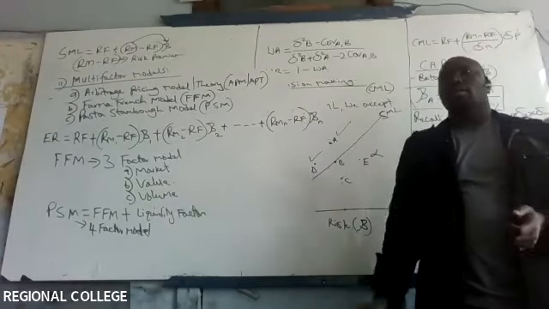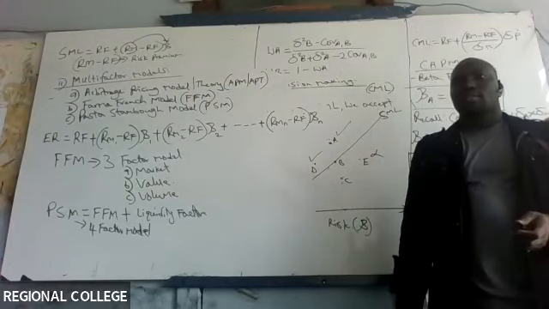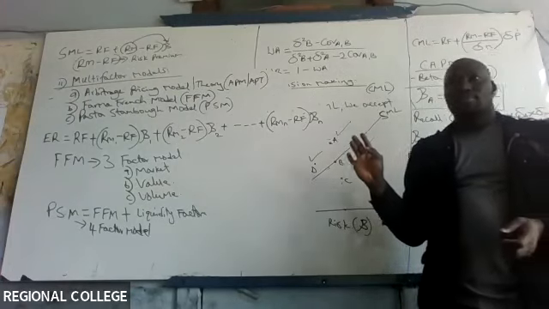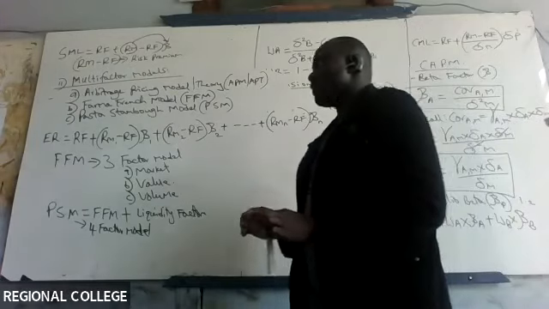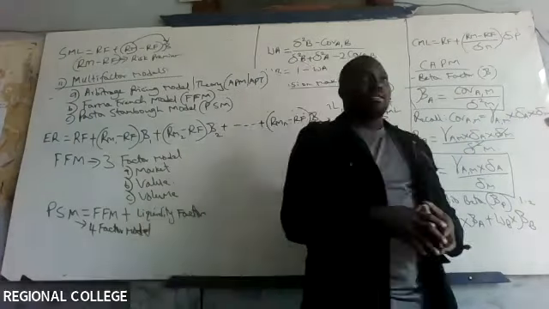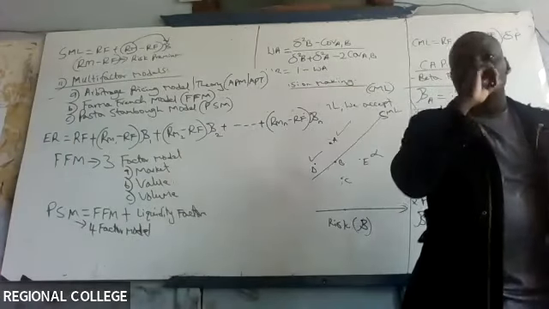The arbitrage pricing model has no restrictions. Whatever they give us is what we apply. But the Fama-French model and the Carhart model have restrictions.